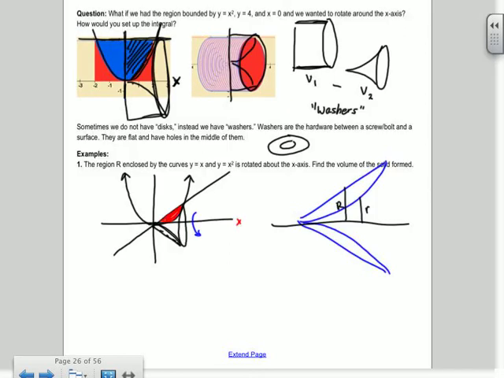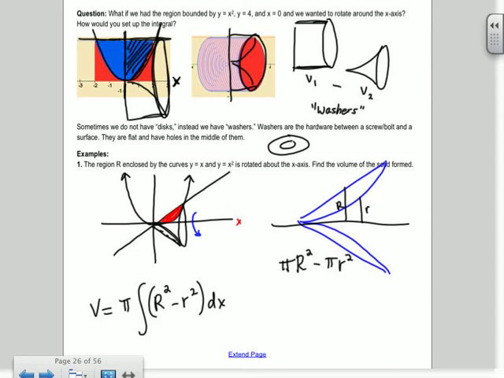So we're going to put it all together. What we would be doing is pi R squared minus pi r squared. The way we end up integrating is we pull the pi out front and do outer radius squared minus inner radius squared dx. Think about your cross section. As you're chopping, how's your hand moving? Horizontally, right?